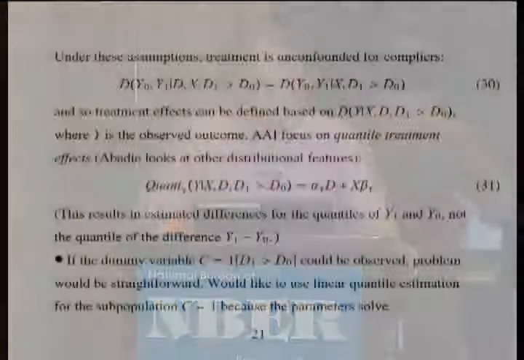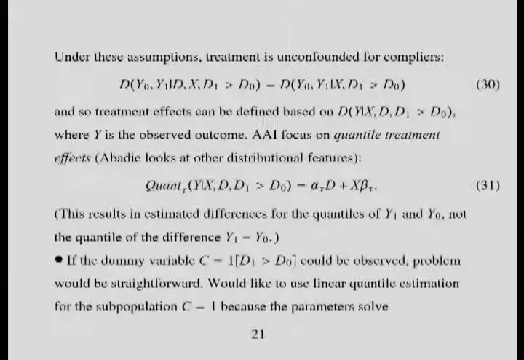Okay, so under these assumptions, they show that treatment is unconfounded conditional on X for the population of compliers. So in other words, this is the usual thing: the distribution of the counterfactual outcomes conditional on treatment and the X's, for the population of compliers, is unconfounded.